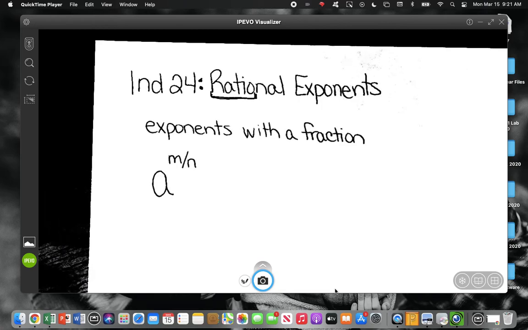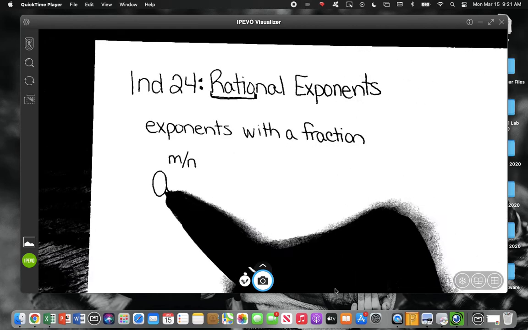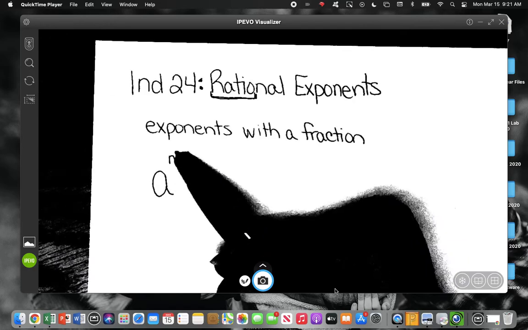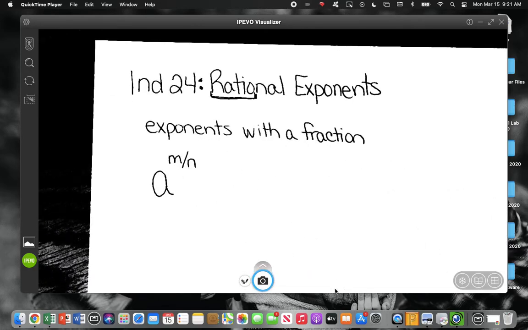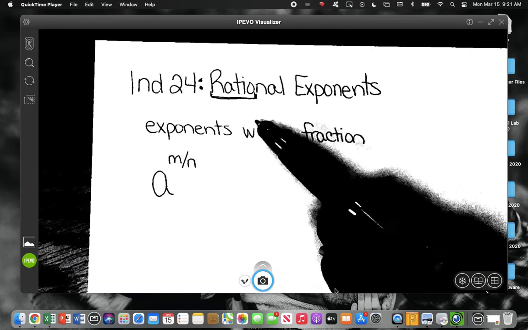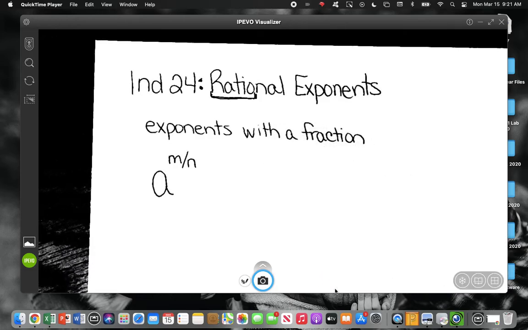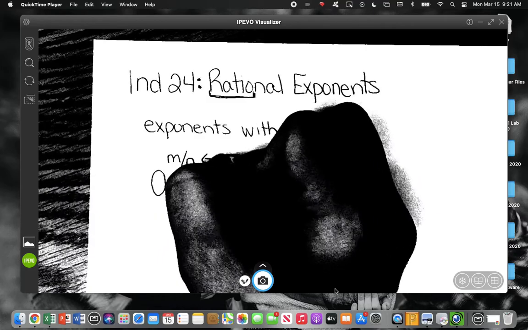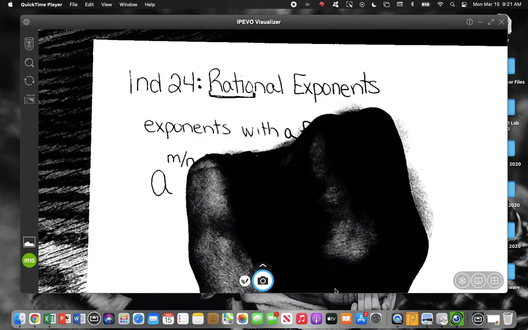The numerator of a power is simply the power. So if you see something that says like base 2 and the numerator is a 2, that means square it. If the numerator is a 3, that's to the third power. So in your power, that is your numerator.